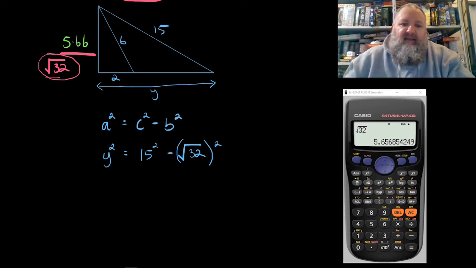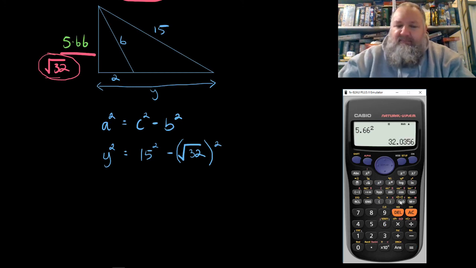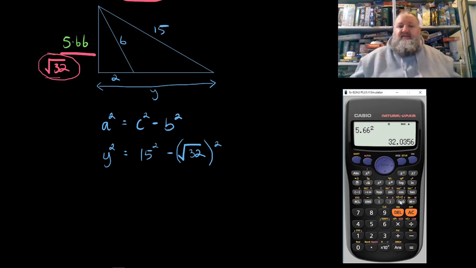Now it's important to do that because, let me show you, if I kept that as 5.66 and I square that, I actually get a number that's slightly bigger than that 32. And it will actually make my value for y be slightly incorrect because I rounded off. So you're better off keeping it as that root 32 in this line here.